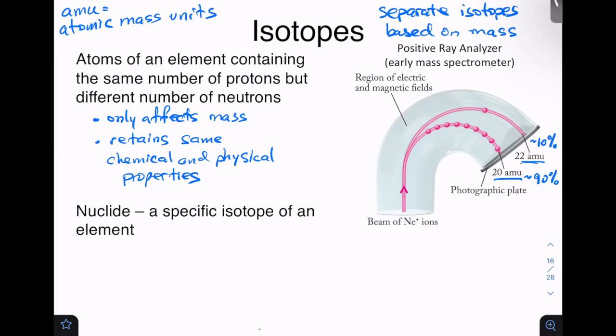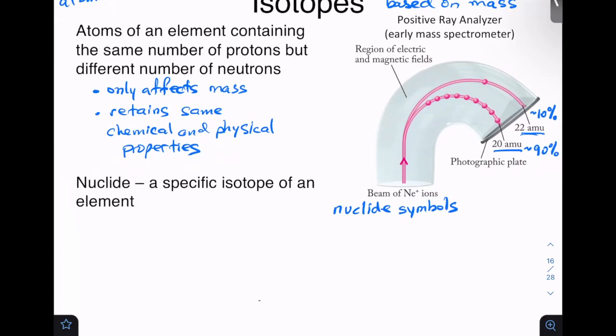Okay, so now let's take a look at those symbols. These are called nuclide symbols, the ones that we've been working with at the beginning of the lecture. So if I draw the nuclide symbols for these two species of neon, I'm going to draw them this way. Neon, how many protons does neon have? Ten.